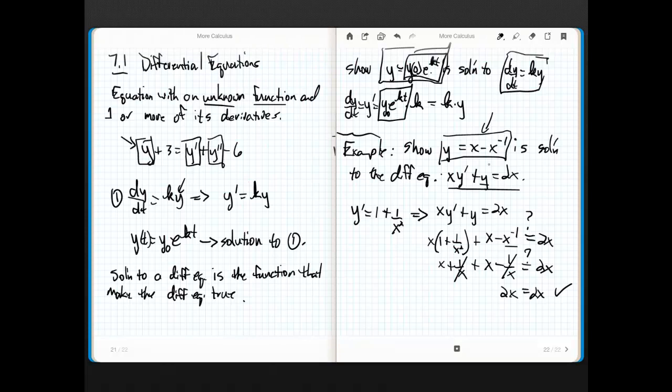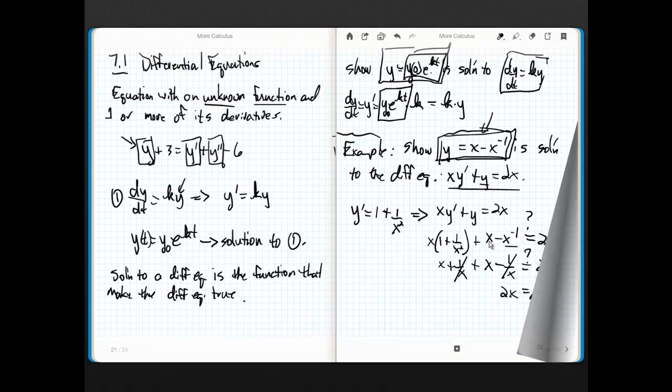Now, here's the thing that's the most important that you understand. We have shown one solution to this differential equation. There are an infinite number of solutions to this differential equation. We get families of curves.